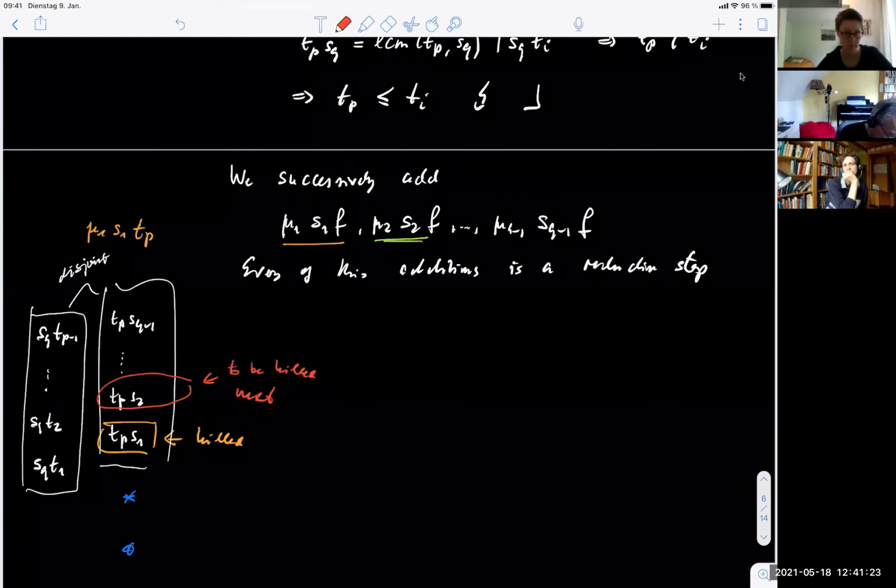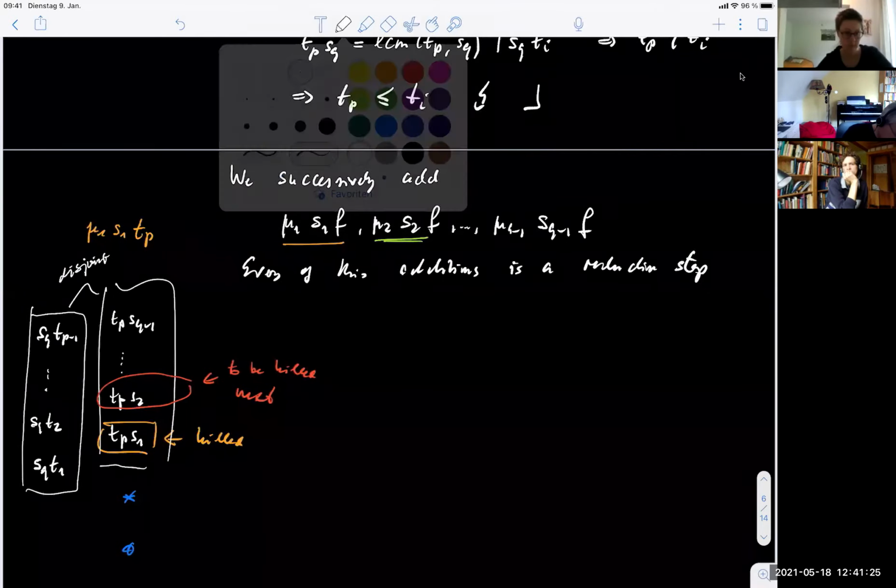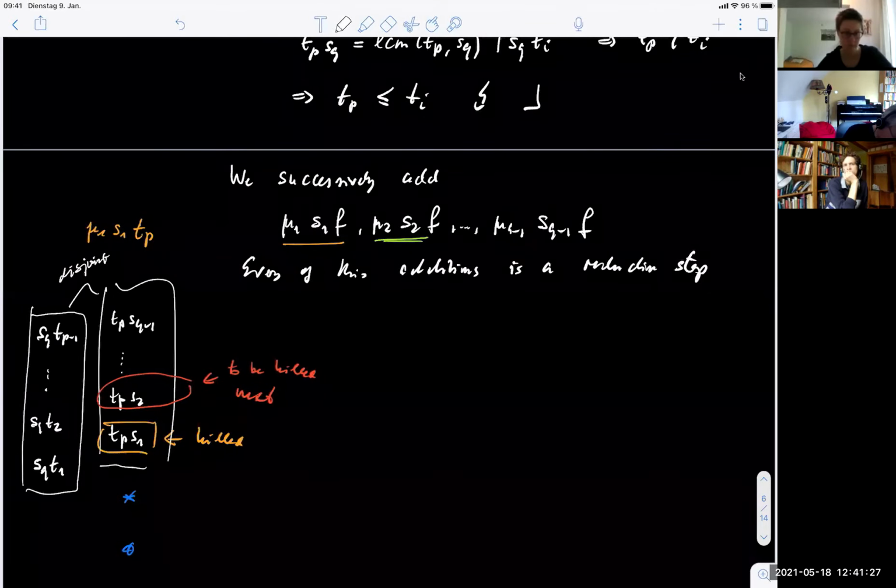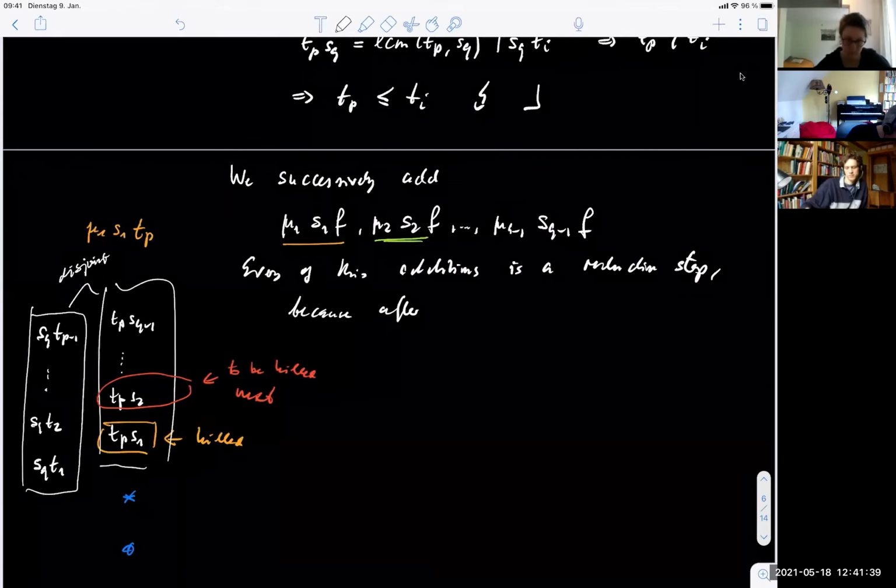Maybe I exaggerate, but that is the point, okay? So let me write a little bit more. Every one of these additions is a reduction step. Then, because after adding, I do it in a certain order of these guys. Say I do the first J ones.